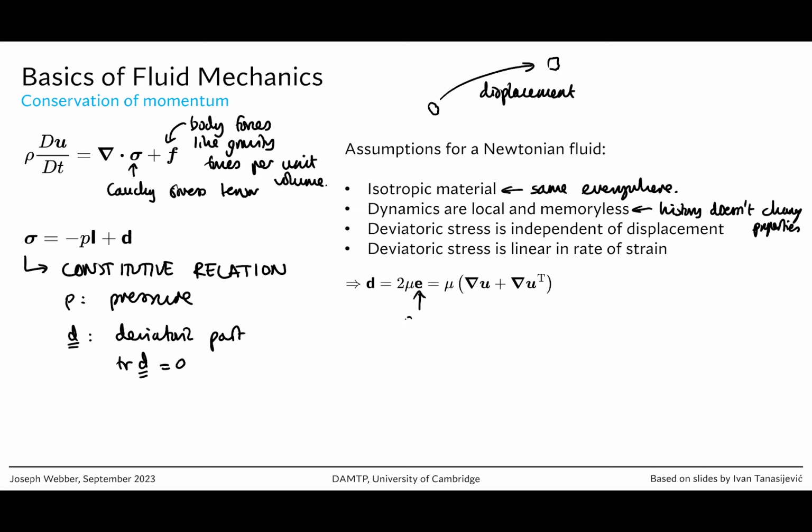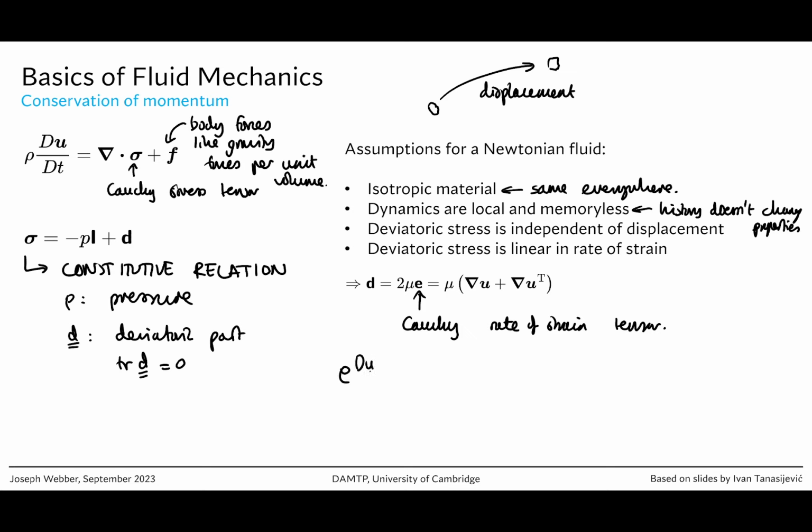And the strain here, this is the Cauchy rate of strain, the tensor, and it's equal to the symmetrized gradient of the velocity field. Okay, so if we plug this in, we get the Navier-Stokes equations.